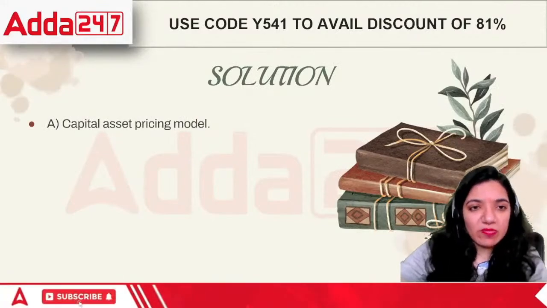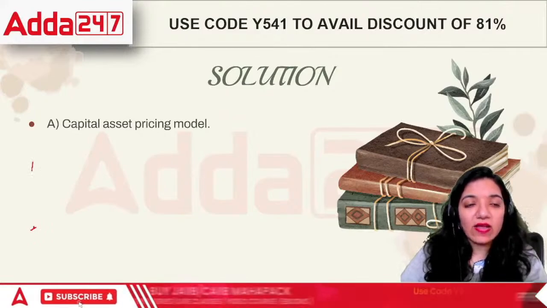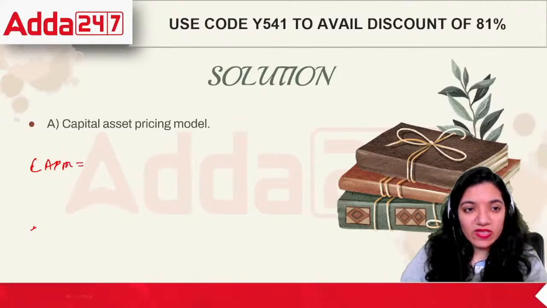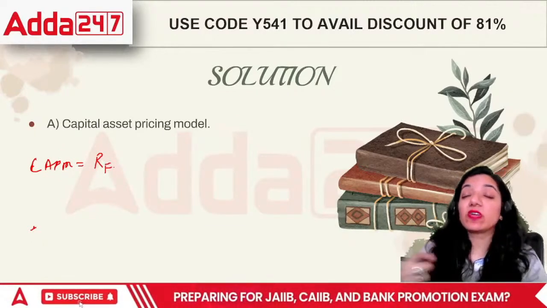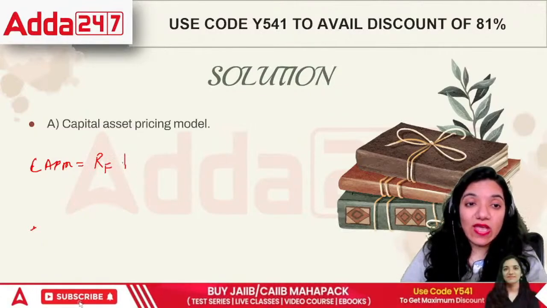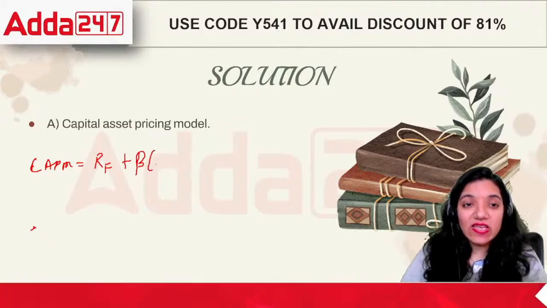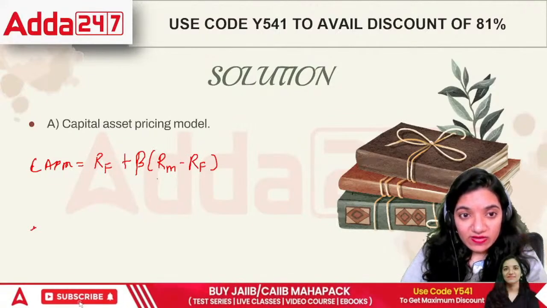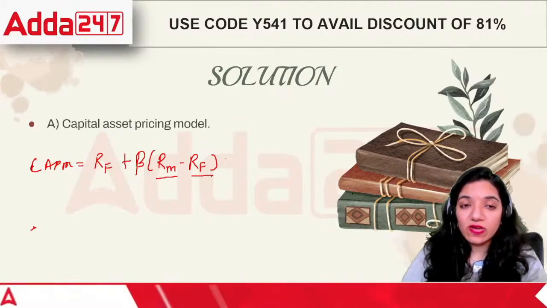The formula is R = RF + beta × (RM − RF). RF is the risk-free rate of return of that particular security. We add beta, which is the sensitivity, multiplied by RM minus RF, that is the return of the market minus the risk-free rate of return.